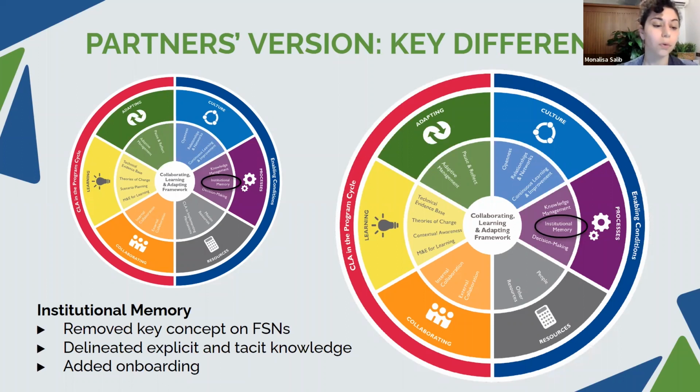And we also focused on making the difference explicit between what's known as explicit knowledge, which is the knowledge that is written down, that you have access to, you can grab and find in your SharePoints or your Google Drive, and tacit knowledge, which was never mentioned in the original, which is probably equally, if not more important, which is the knowledge that's retained in everybody's head and is hard to transfer between people.